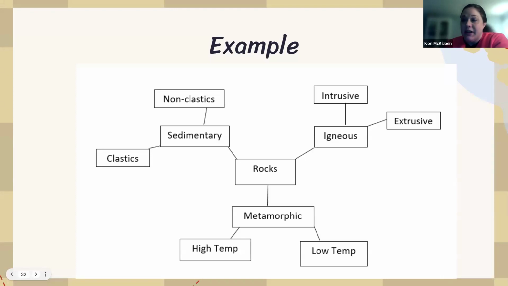If you're teaching science and you're learning about different types of rocks, our keyword is rocks. Then we can see those categories of sedimentary, igneous, and metamorphic. And then again, those very specific word examples that connect to each of those types of rocks.